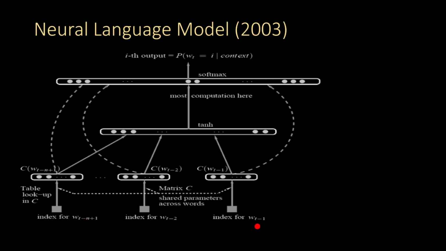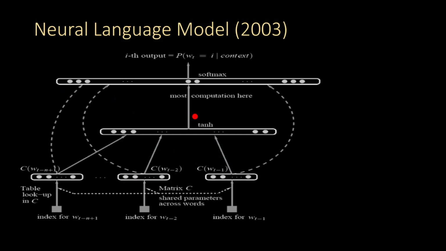Now, you can see there are indices for words, and then the word representations are looked up from a table. We can think about this as a projection layer. And then these representations are basically the first layer of the network.